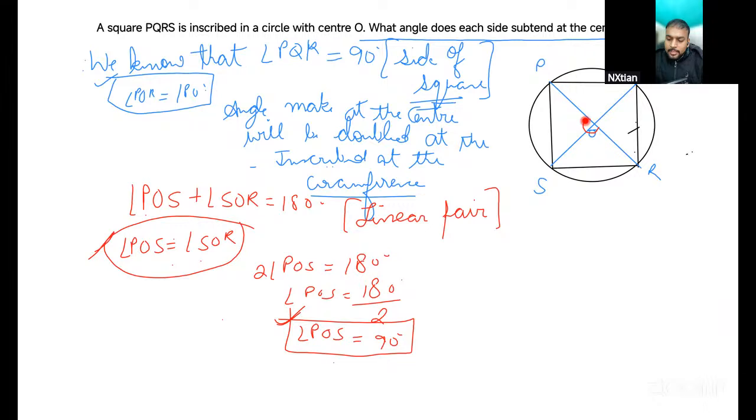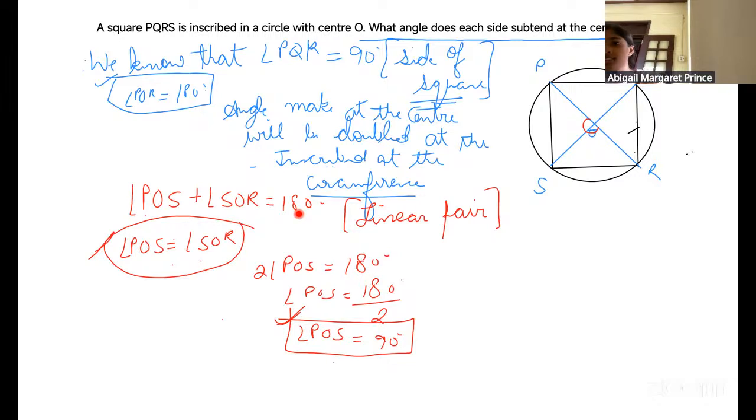Now we know that angle POS plus angle SOR, the sum of these angles is equal to 180 degrees because it's a linear pair. Abigail, do you know this property? I understood why PQR is 90 degrees, and I understood that POR is 180 degrees because it's a straight line, but I didn't understand how, because PQR is 90, POR becomes 180.